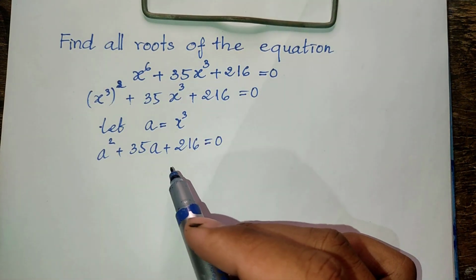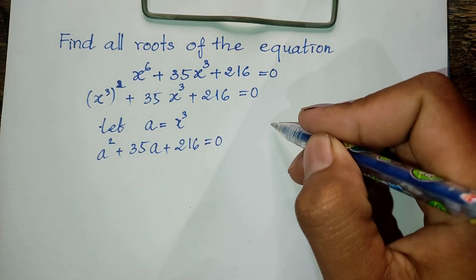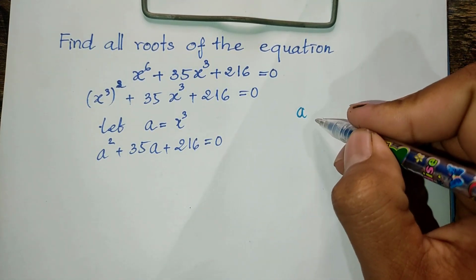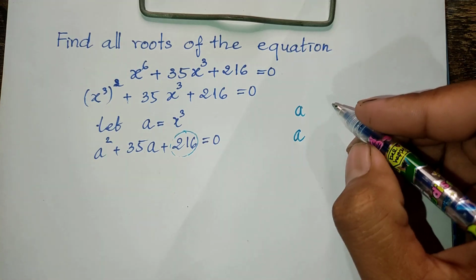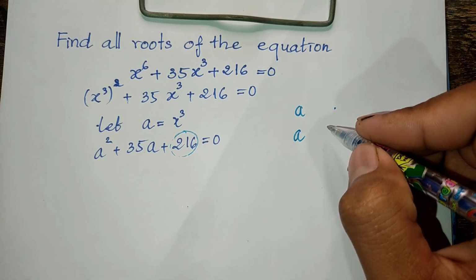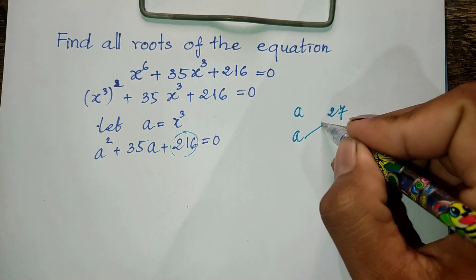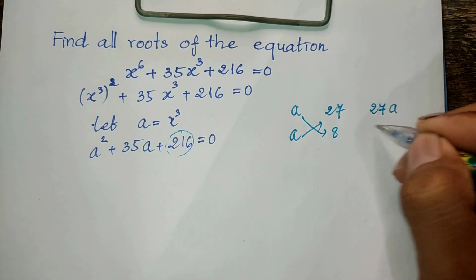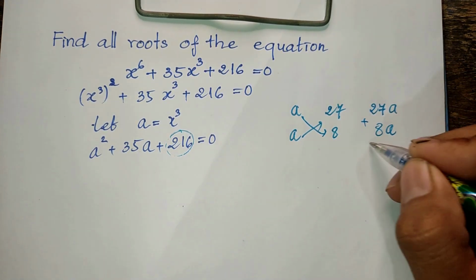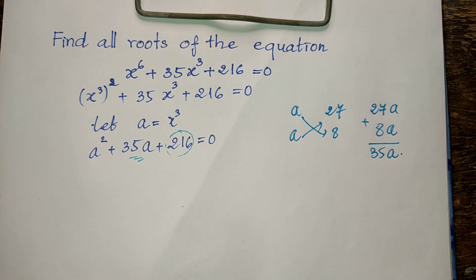Now we can factor it. We know that a squared can be written as a times a, and 216 can be written as 27 multiplied by 8. Multiplying the cross terms, we get 27a and 8a, and adding them we get 35a, the same as before.